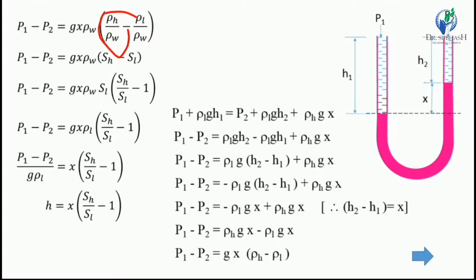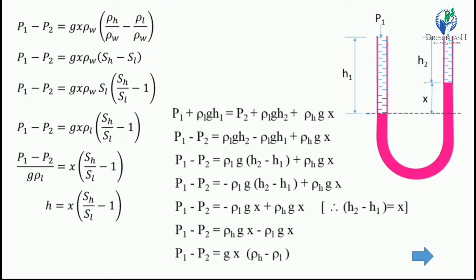Now we know that the ratio of density of heavy liquid to density of water is the specific gravity of the heavy liquid. Similarly, the ratio of density of light liquid to density of water is the specific gravity of the light liquid.